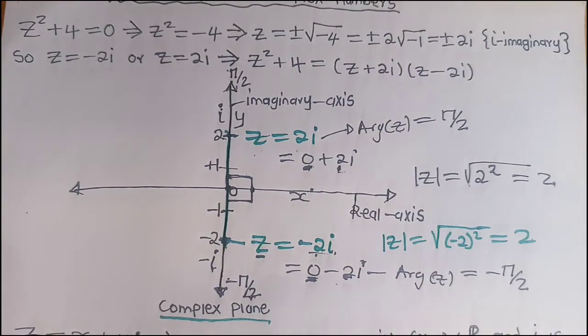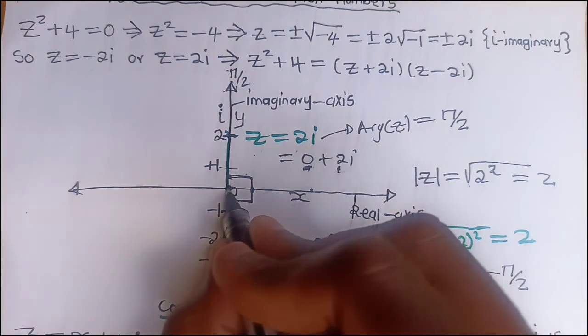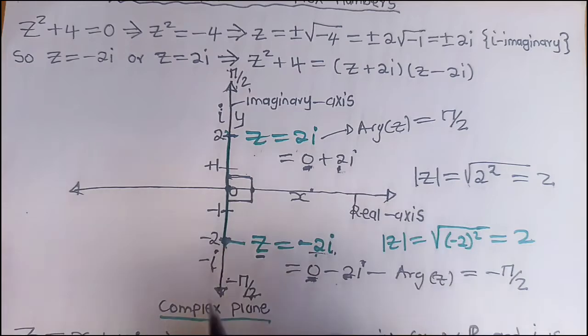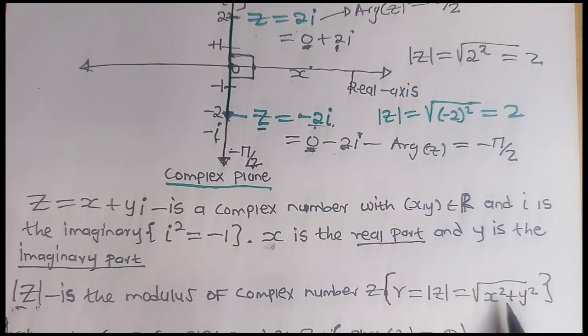We also define a distance from the origin to where the complex number is defined. This is known as the modulus of a complex number. We denote it by the absolute value of z. It's also known as r. So through Pythagoras, we have shown that the modulus of z will always be given by the square root of x squared plus y squared.